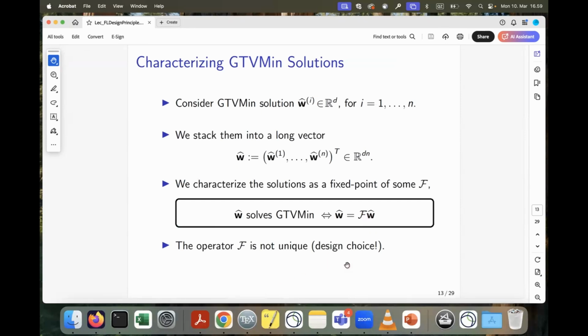So how do you like this approach? How do you feel about translating an optimization problem into a fixed point equation? Do you think, why on earth are we doing this? Doesn't it make everything more complicated? Or do you have some intuition why this could be a good idea?